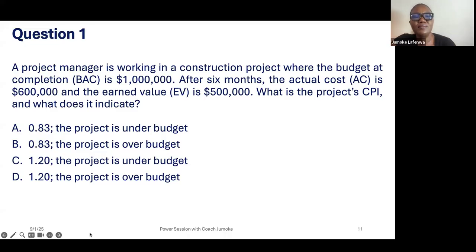Hello, are you dropping? You must first remember the formula for CPI to be able to do this. Yes, I see a few answers.